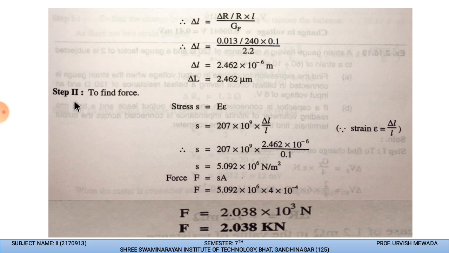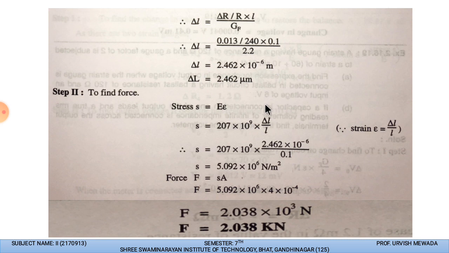Step 2, to find out the force. We have the equation of modulus of elasticity, stress over strain. Let us make S the subject. We have the value of E, 207 into 10 raised to 9, and epsilon is the change in length to the original length.